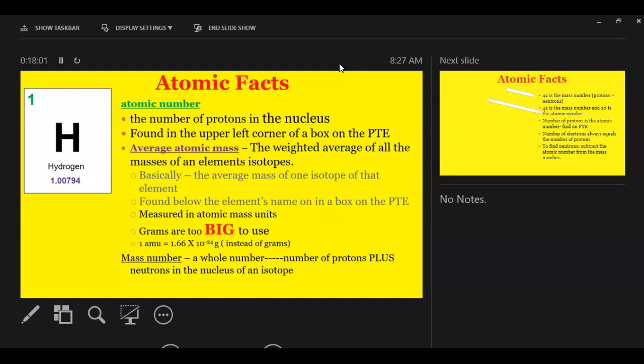Okay, now I want to talk about how we get this number, because it's an average, okay? That goes back to something that we call isotopes.